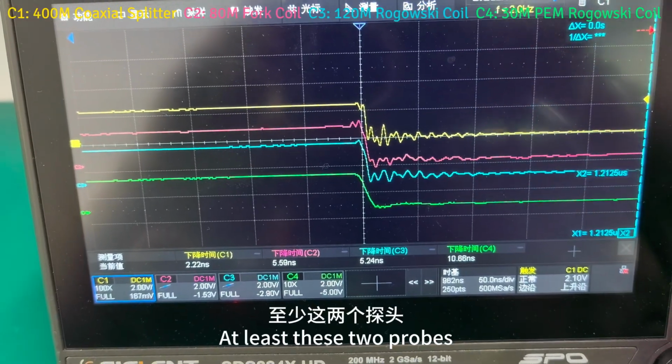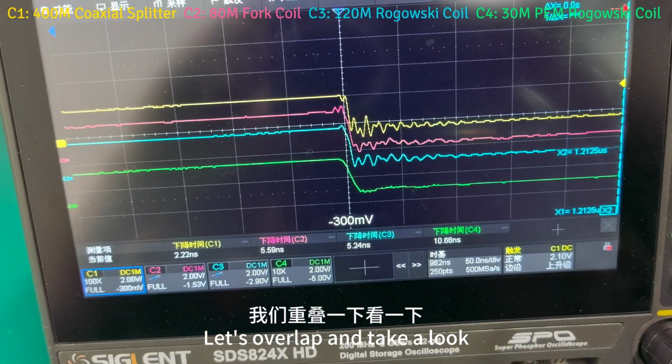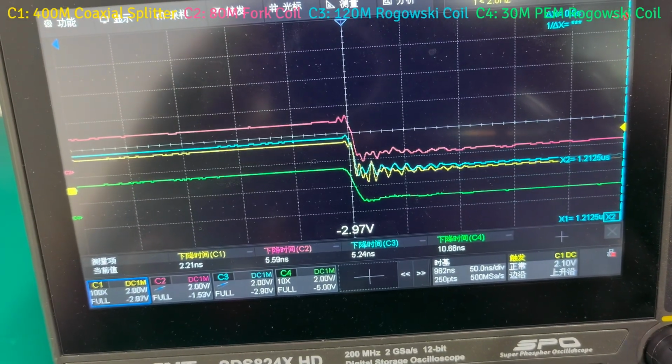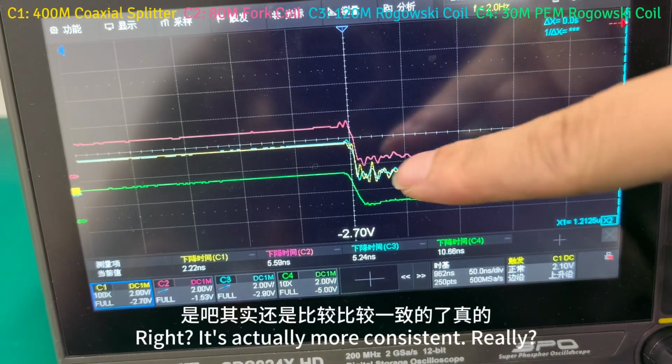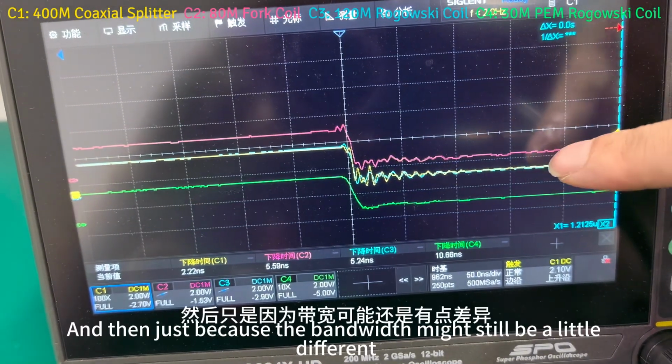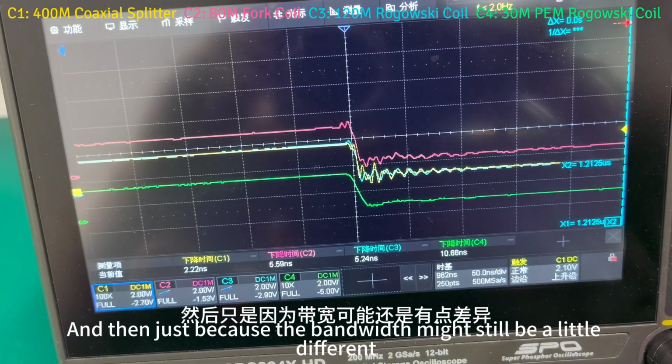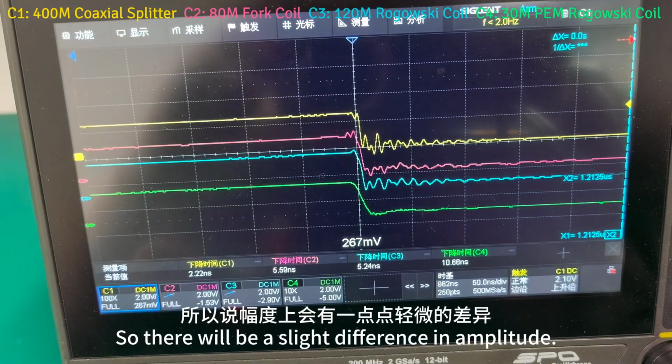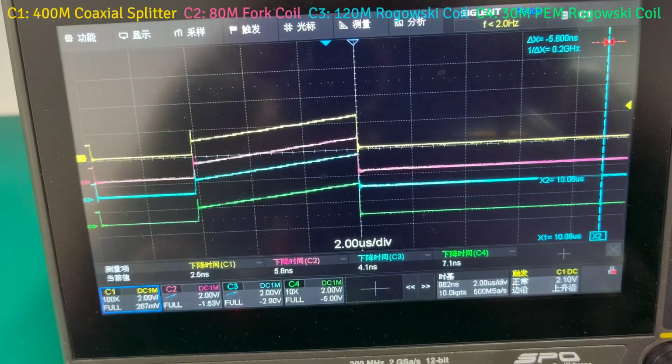At least these 2 probes, let's overlap them and take a look. It's actually more consistent. Just because the bandwidth might still be a little different, there will be a slight difference in amplitude.